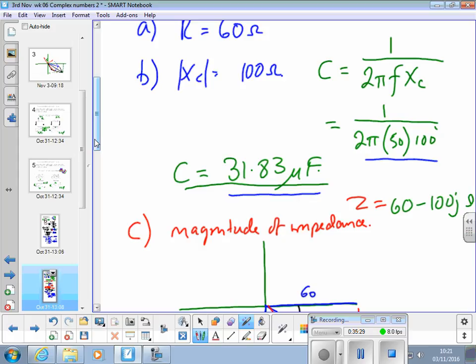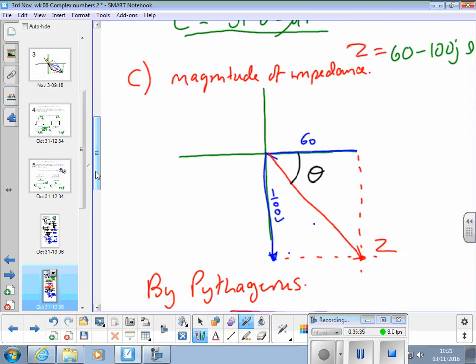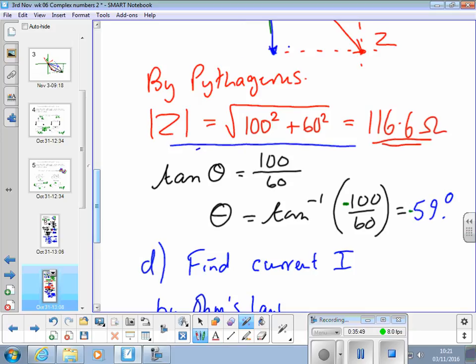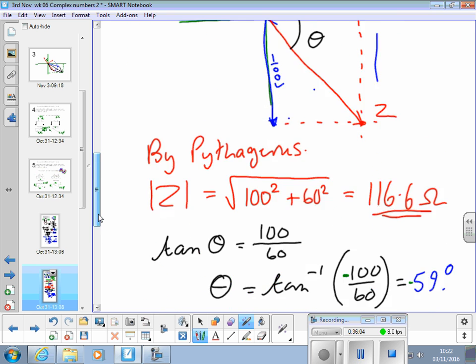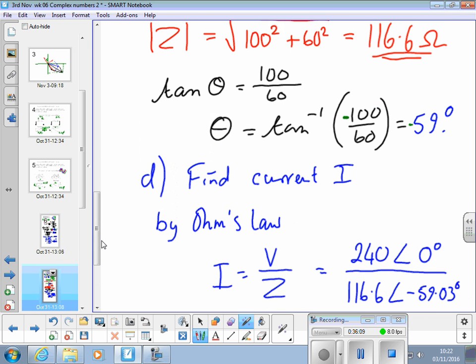In terms of finding the magnitude of the impedance, that comes from a horizontal component and a vertical component, negative in this case. We parallelogram those up, and then we use Pythagoras' theorem to find the magnitude of the impedance, 116 ohms. Then we use the tangent, opposite side over adjacent side, to find the angle associated with the impedance.